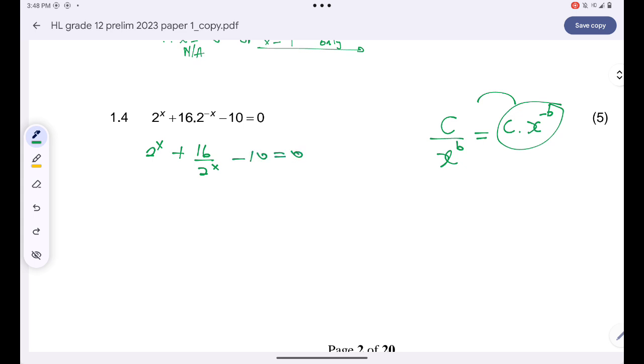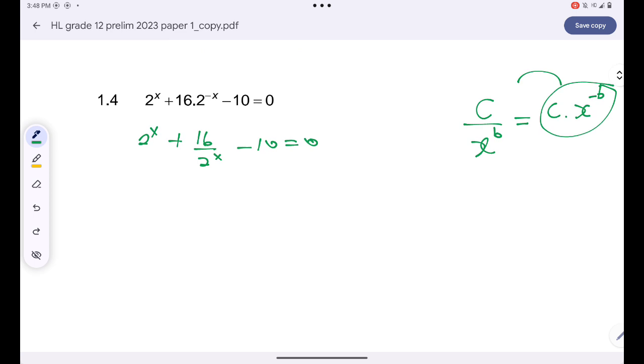Are you together? I know that right now some of you can see this, but just to make it more clear, let 2 to the power x be k. You'll end up having k plus 16 over k minus 10. Okay, now I have fractions, guys. Remember that whenever I'm solving quadratic equations, I must not have fractions, brackets, and surds.